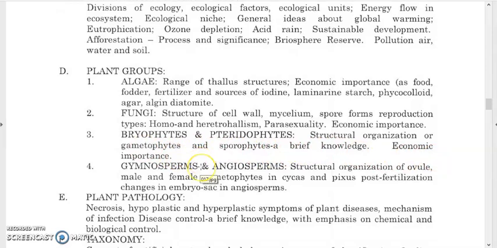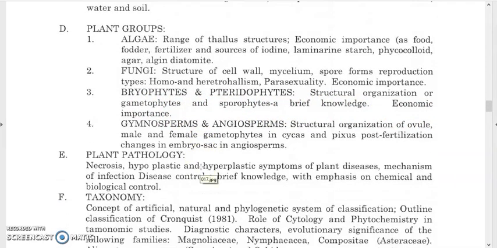Bryophytes and pteridophytes: structural organization of gametophytes and sporophytes, a brief knowledge, economic importance. Gymnosperm and angiosperm: structural organization of ovules, male and female gametophytes in Cycas and Pinus, and post-fertilization changes. Changes in embryo sac in angiosperm, and in angiosperm only we find the double fertilization method.